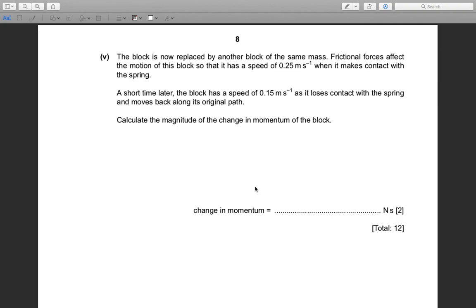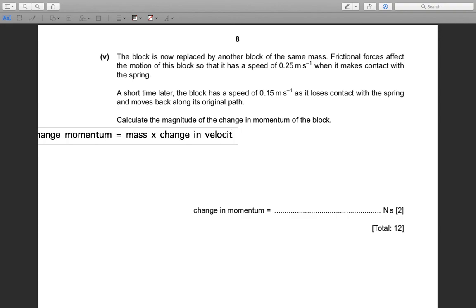Calculate the magnitude of the change in momentum of the block. It's so easy. It's about the momentum change here. Change in momentum, delta P, is mass times change in velocity.